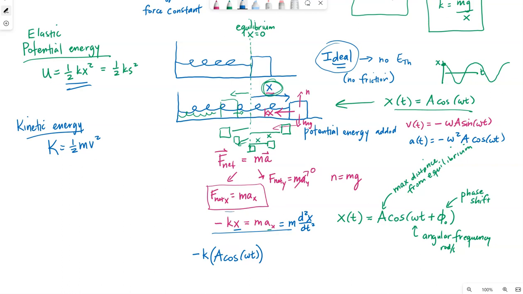So we have a function that relates this position to the second derivative of that position. The result of that is this cosine function here. So plugging in for x, the function that we have that describes the motion, and similarly plugging in for a, the second derivative of that same function.